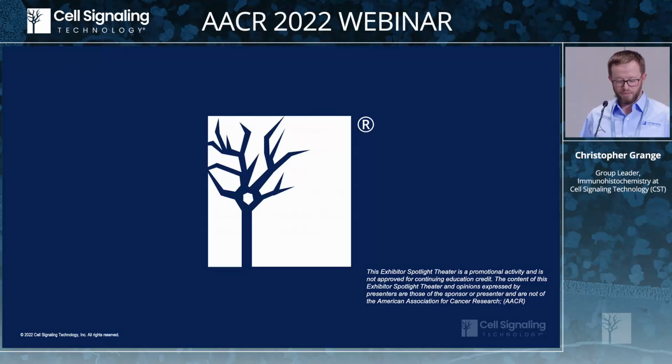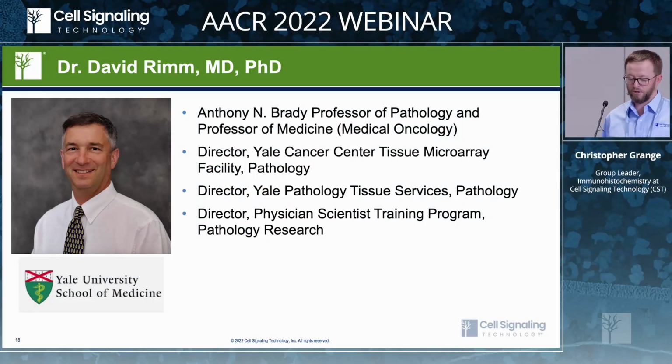And so with that, it's my pleasure to introduce our longtime collaborator, Dr. David Rimm. Dr. Rimm is a professor in the Department of Pathology at the Yale University School of Medicine and is board certified in anatomic pathology and cytopathology.